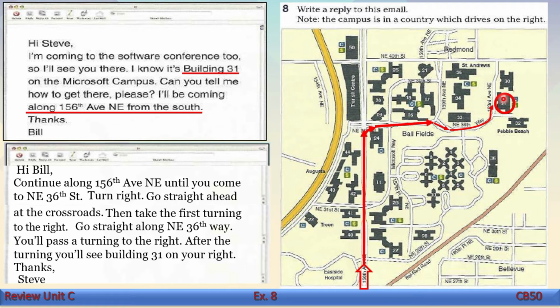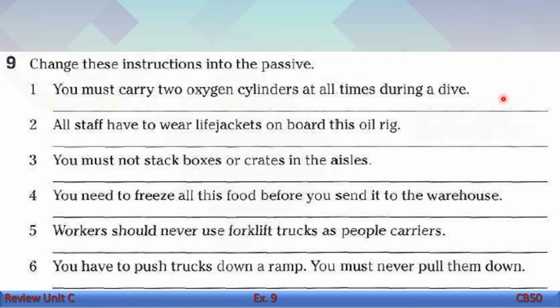Now our next task is on the same page, task 9. Task 9, change these instructions into passive. Pause the video and read through the instructions.